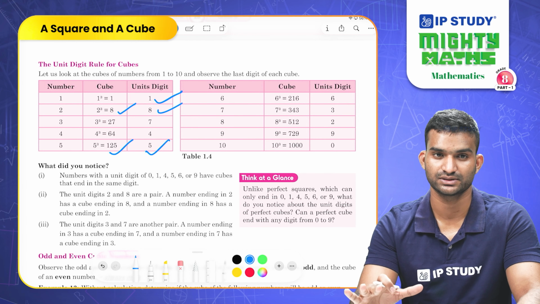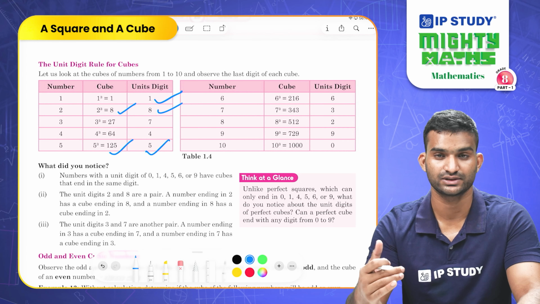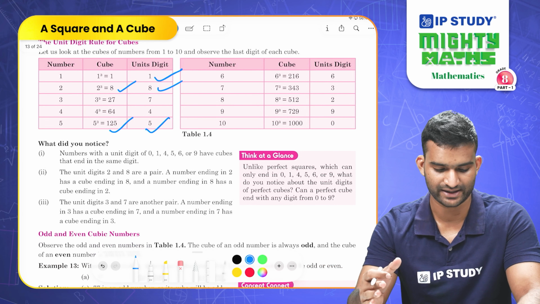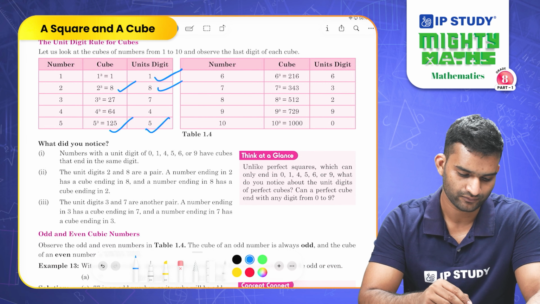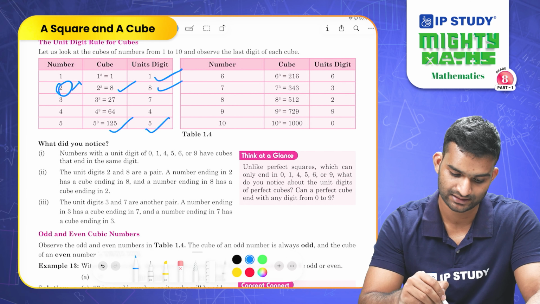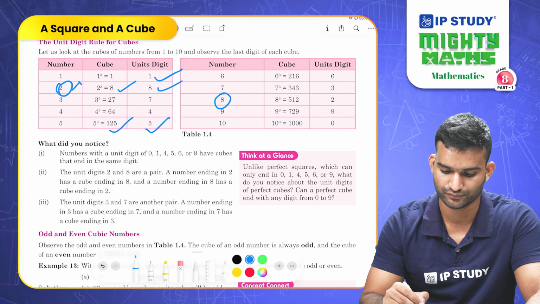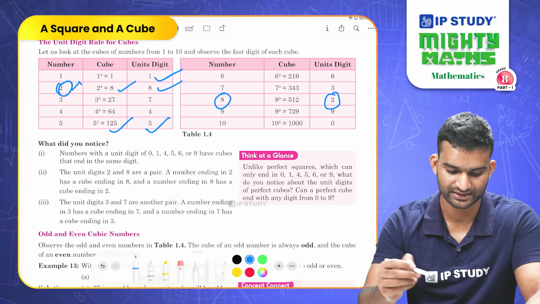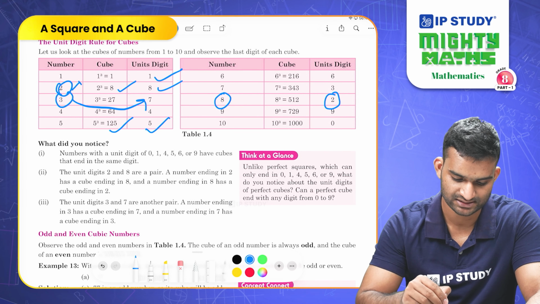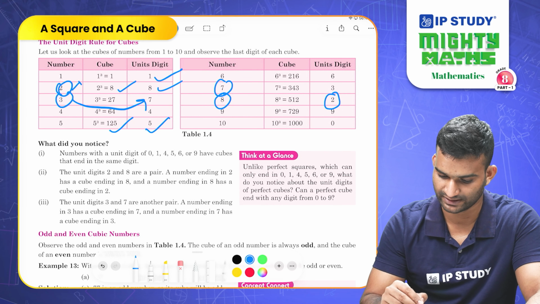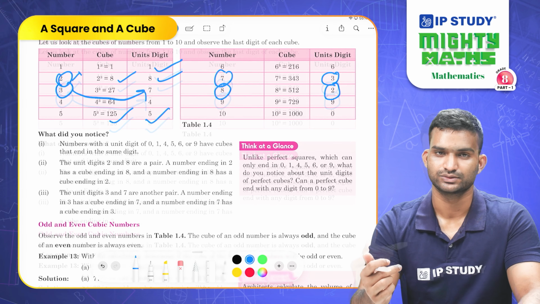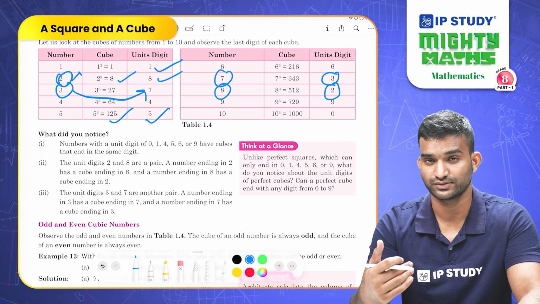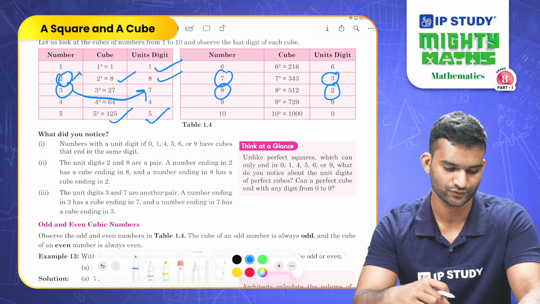None of the two numbers represent the same unit digit whenever we are taking the cube of certain numbers. But we get to see a pattern that when we take cube of 2, we get 8, and when we take cube of 8, we get unit digit as 2. In the same way, when we take cube of 3, we get unit digit as 7, and when we take cube of 7, we get unit digit as 3. So there are certain patterns which we get to see here, which we will be covering in different properties of cubic numbers.